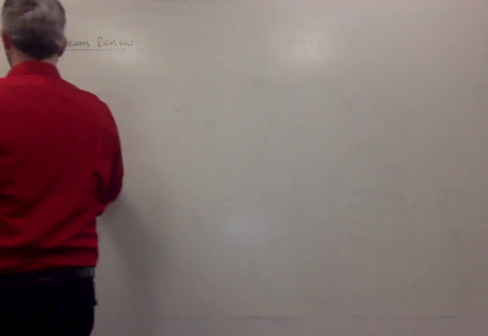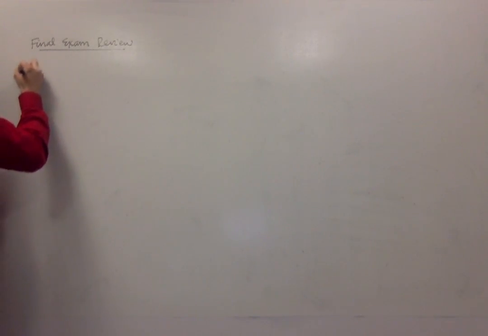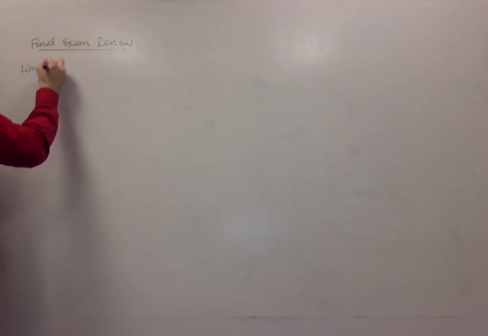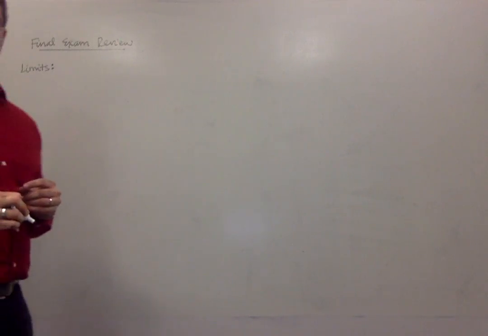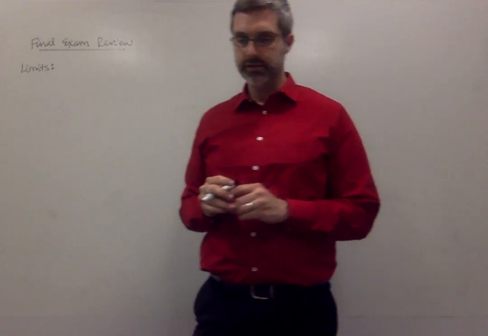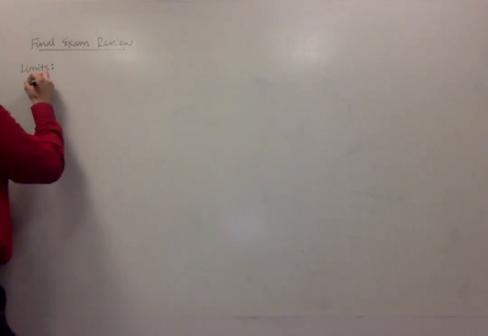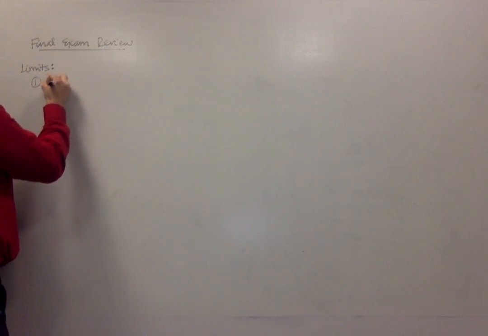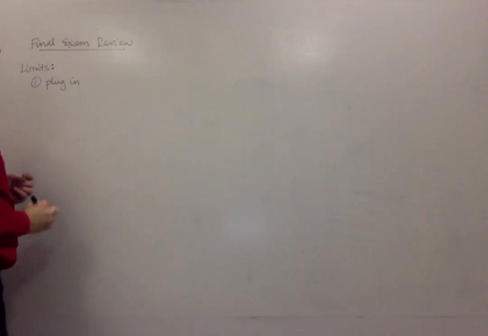So the first big topic that could be on that exam is computing limits. I'm just going to go back through what our techniques for computing limits were, just so we can remember those. All right? If you remember, the first thing that we always try to do is plug in.